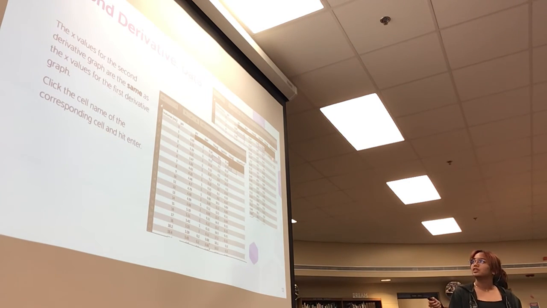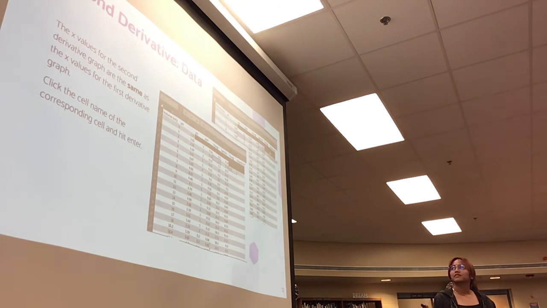And then for this one, we're basically finding the slope of the first derivative graph, the instantaneous slopes of the instantaneous slopes. So you find that by prompting the function first, and then finding the change in the instantaneous slopes of the first two, and dividing that by the volume squared.